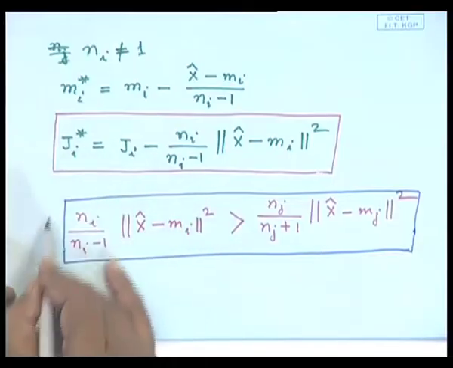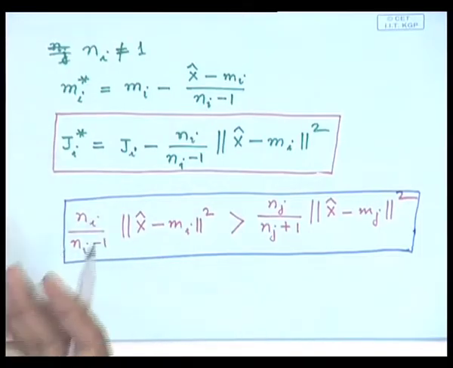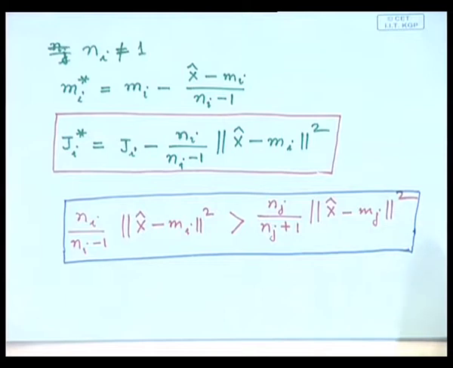Now, again you find that I am taking x hat from the ith cluster. That means this amount is fixed, but the ith cluster is one of k number of clusters. So, I have k minus 1 other clusters, and this j can take on any of these k minus 1.